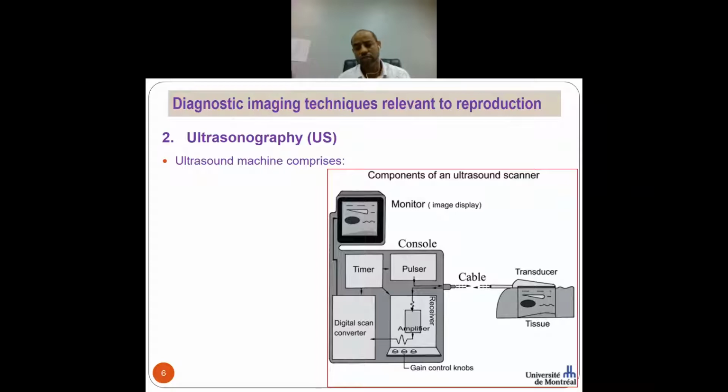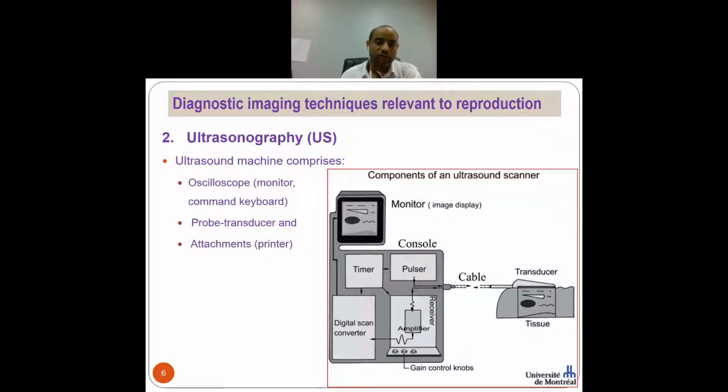So within the CPU part, you'll have the pulsar amplifier, which amplifies the reflected sound waves coming back from the transducer, before they are converted digitally into the form of an image on the monitor. All right. So generally, you may classify the components as the oscilloscope, which includes the monitor and the command keyboard.